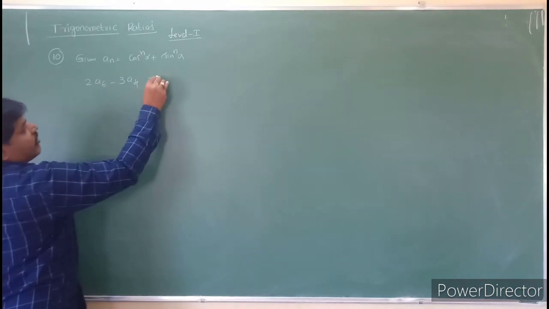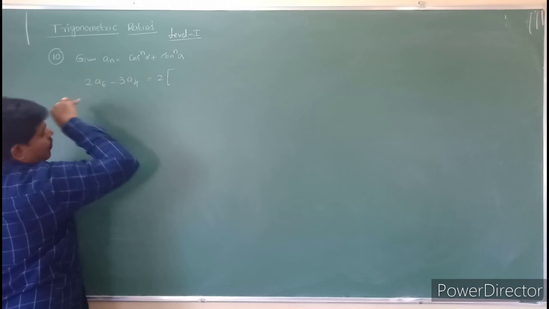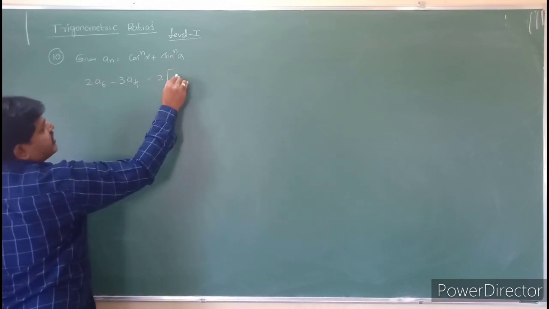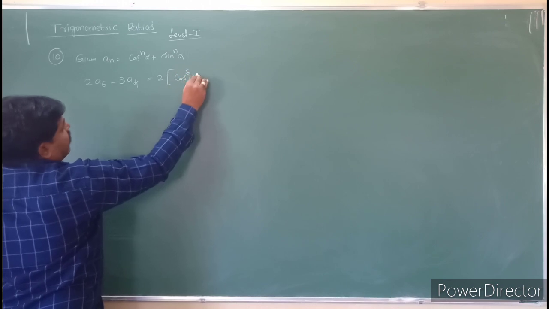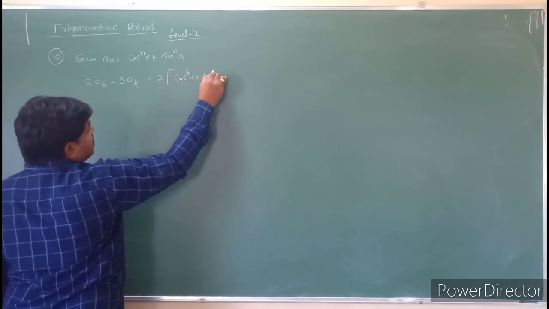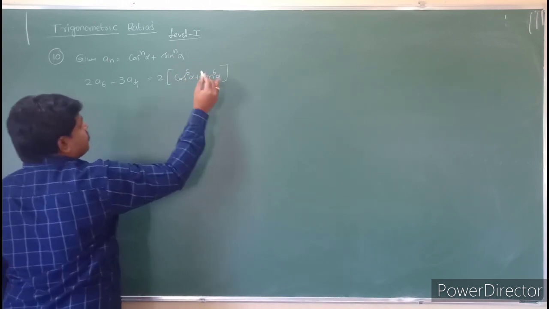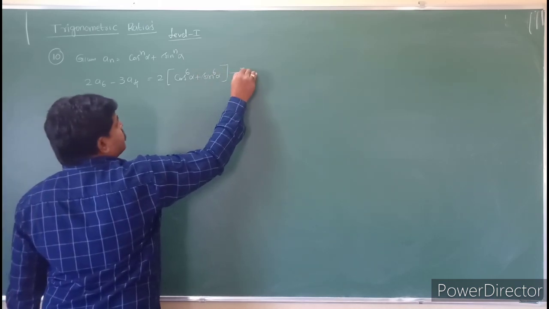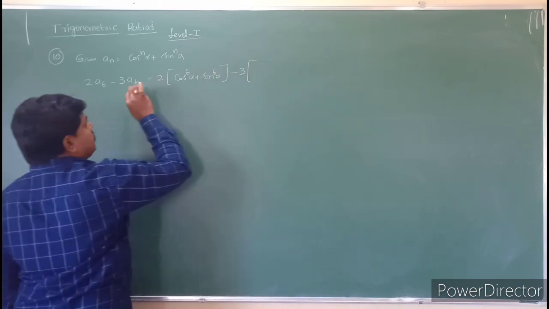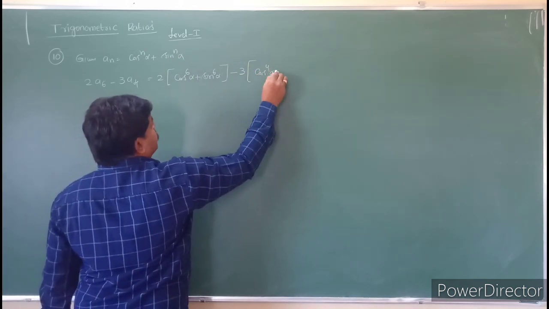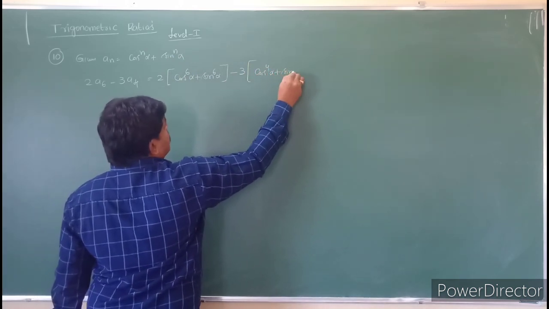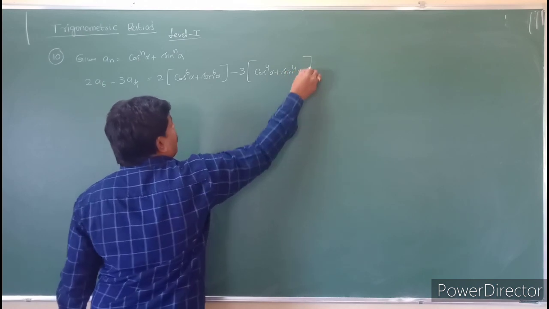So 2 into a6 is cos power 6 alpha plus sin power 6 alpha, minus 3 into a4, cos power 4 alpha plus sin power 4 alpha.